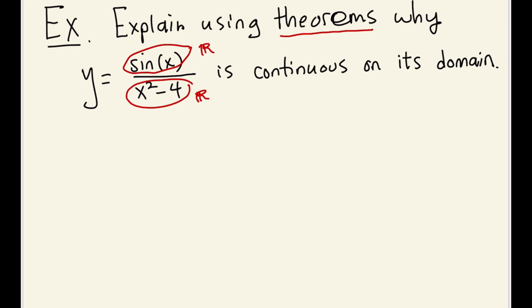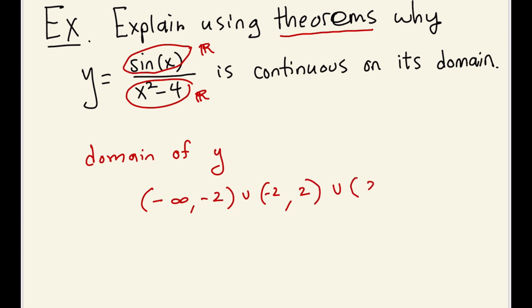The domain of this quotient is going to be the intersection of these domains, which is R, minus any values where the denominator is 0. So the denominator cannot be equal to 2 or negative 2. So the domain of this function is negative infinity to negative 2, union negative 2 to 2, union 2 to infinity.